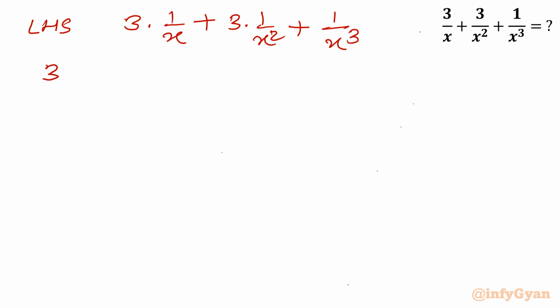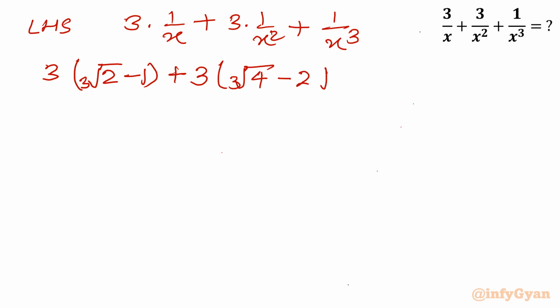So I will put now 1 over x value. 1 over x was cube root of 2 minus 1 plus 3 times 1 over x square value. So this value was cube root of 4 minus 2 times cube root of 2 plus 1. And 1 over x cube was 1 minus 3 times cube root of 4 plus 3 times cube root of 2.